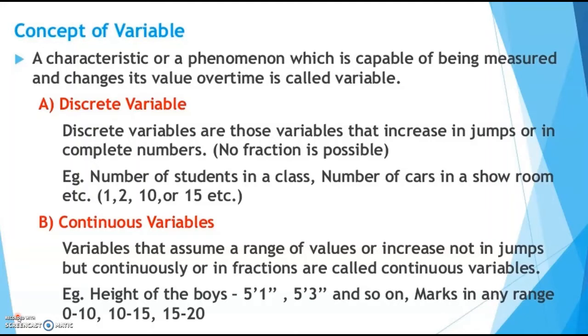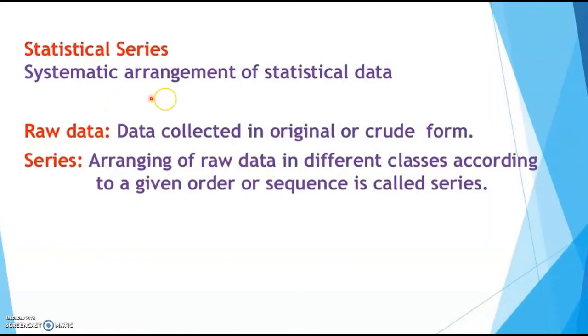So children, there are two types of variables, discrete variables and continuous variables. Systematic arrangement of statistical data is known as statistical series. Then there are two types of data, raw data and series.